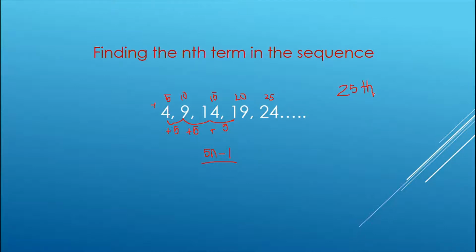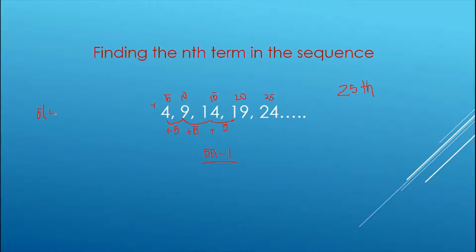But before we substitute and find the 25th term, let us first check whether our formula is correct. So this time we are going to use 5n, and let us check with the first, second, third, fourth; this is the fourth term. So let us change the n to 4.